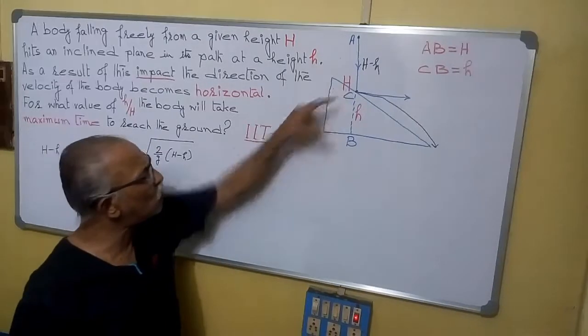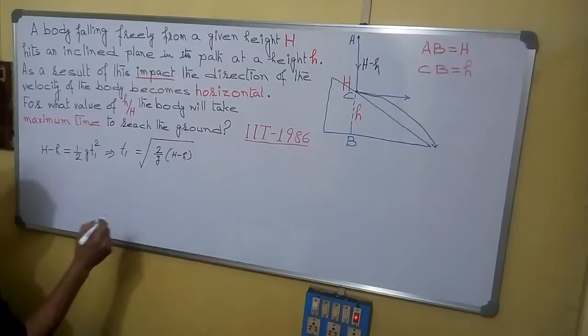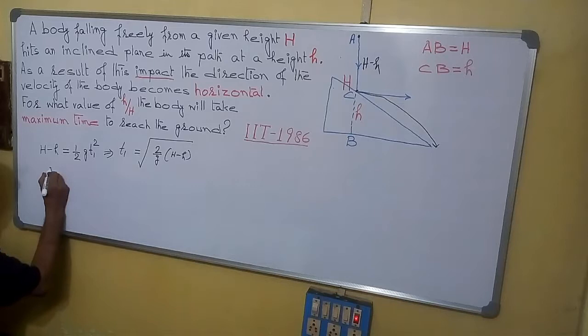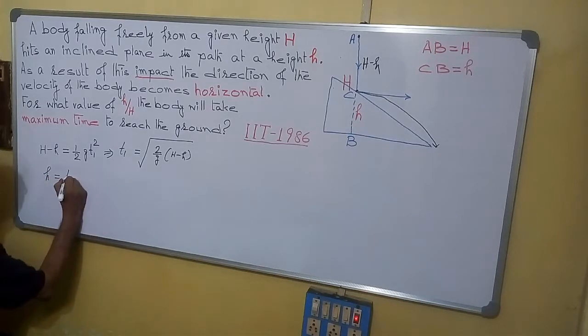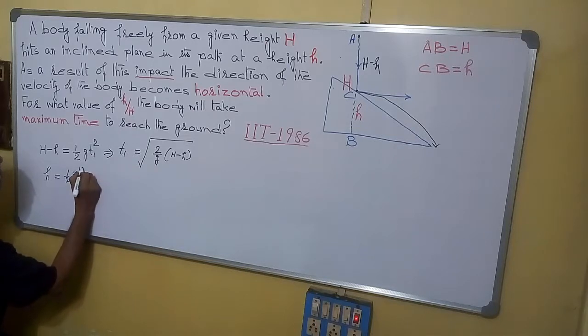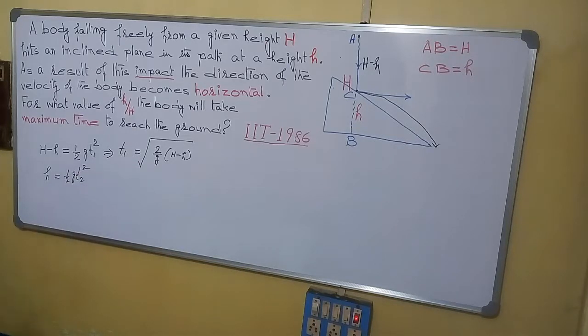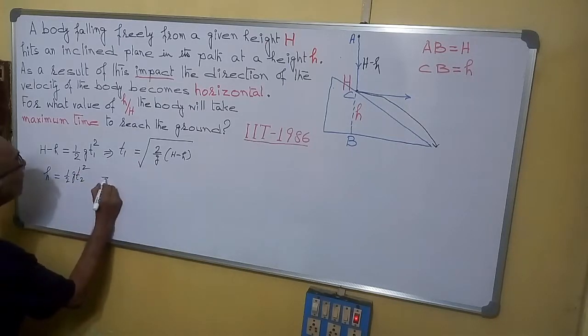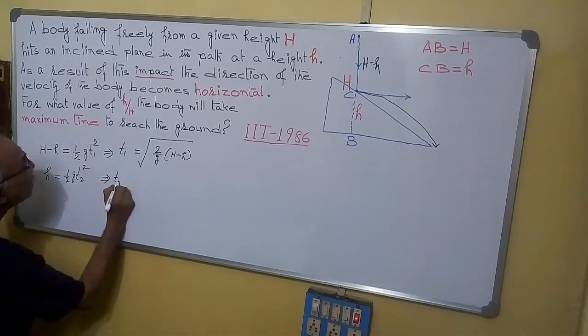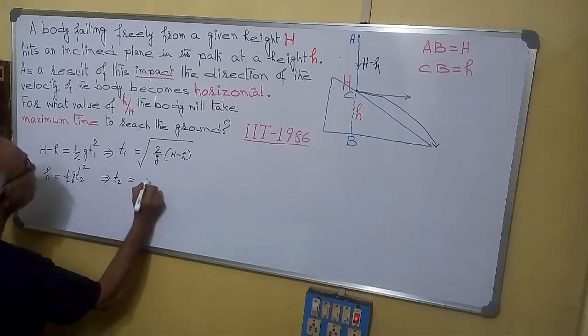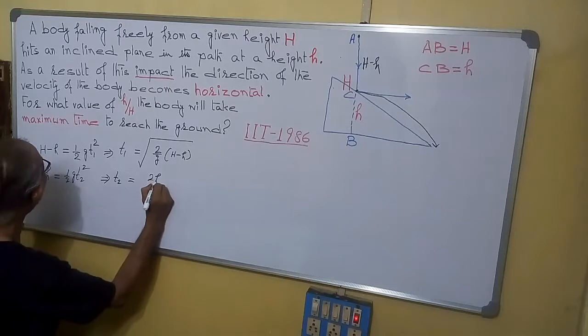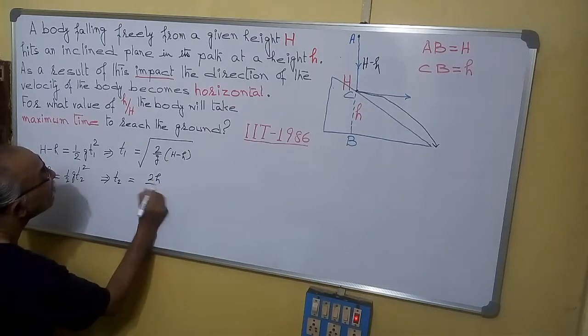So how is it falling h? Then we will say h equals half g t2 squared. From here we will say t2 equals root of 2h by g.